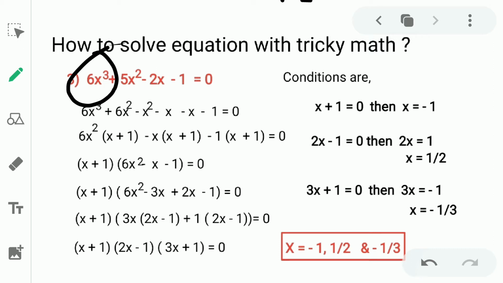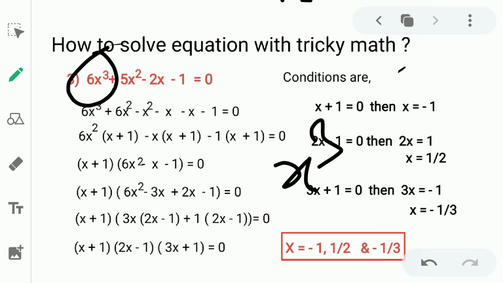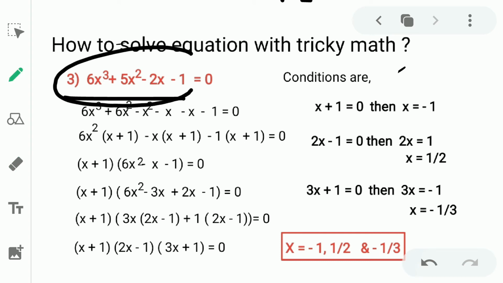If we have power cube, power 4 or 5, then we go by making this whole expression 0. So we have to put in some value which makes this equation 0. Try 1 first. I already know minus 1 is a solution, but let me try 1 for you.